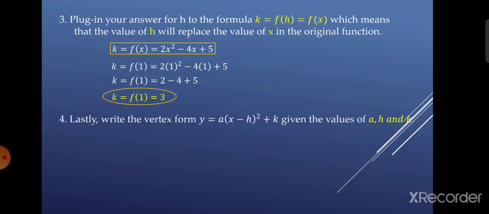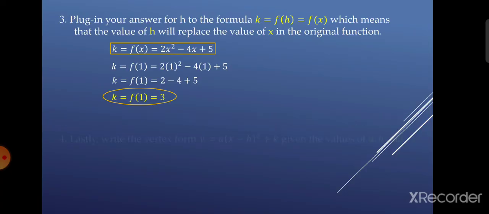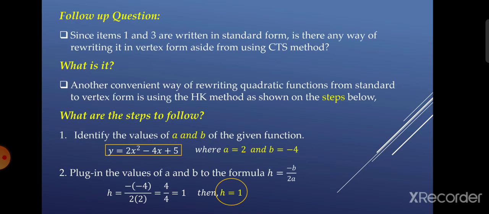Lastly, write the vertex form of the quadratic function in the format y equals a times the square of x minus h plus k, given the values of a, h, and k. The original equation earlier was y equals 2x squared minus 4x plus 5.